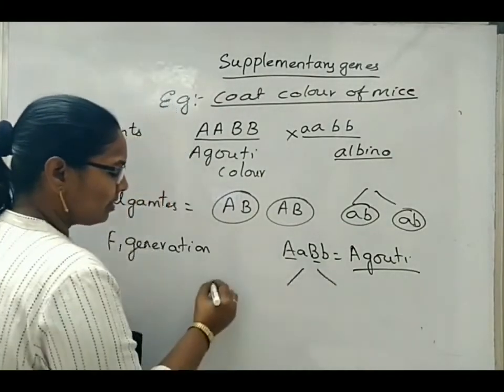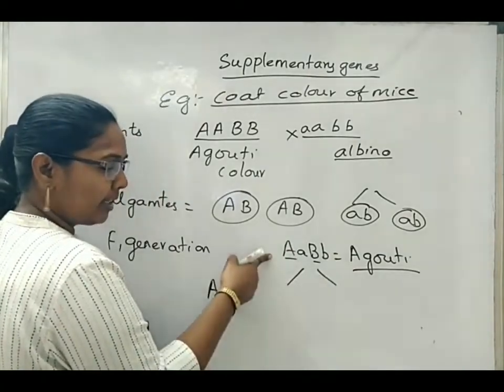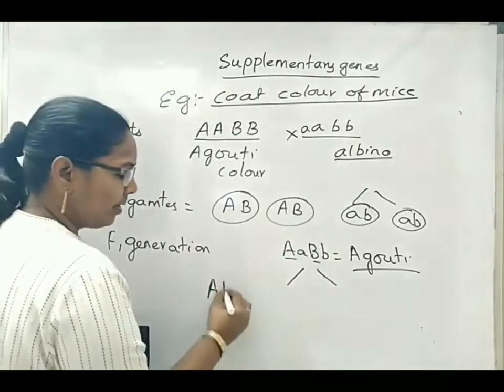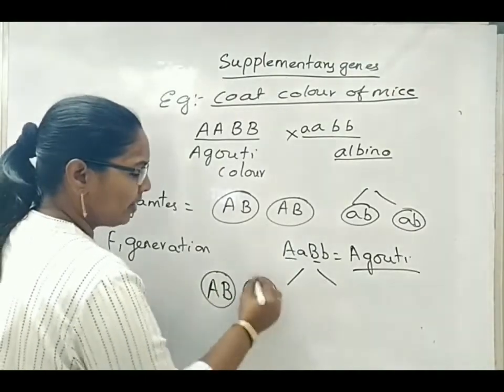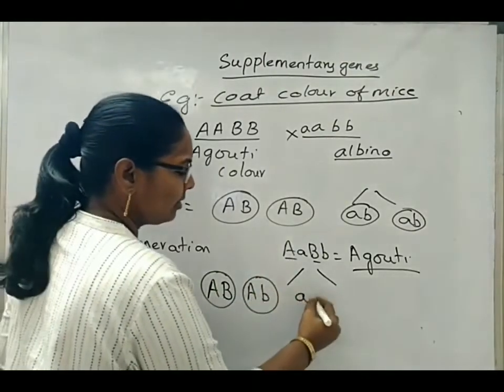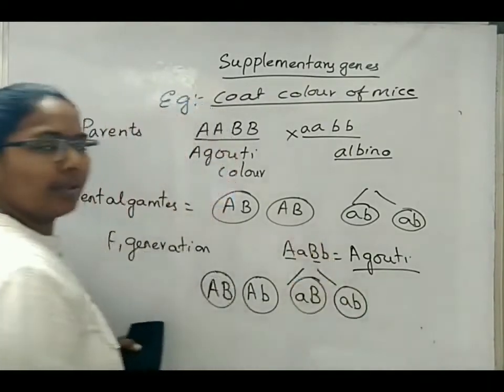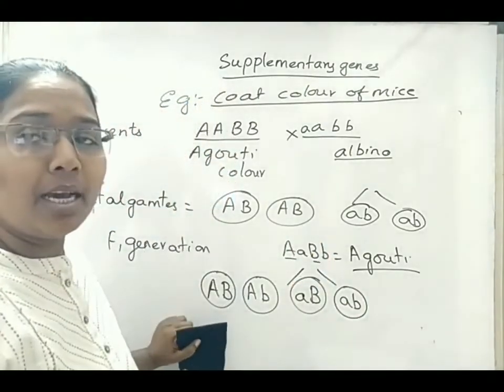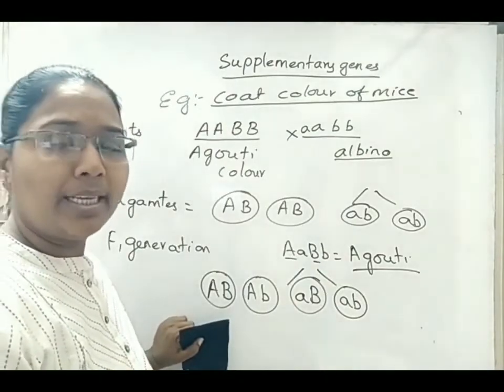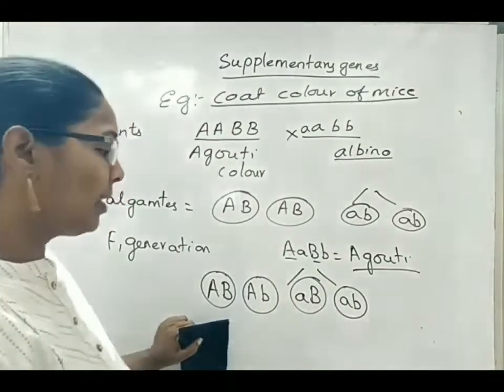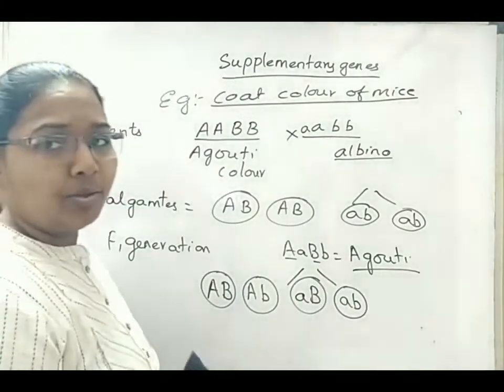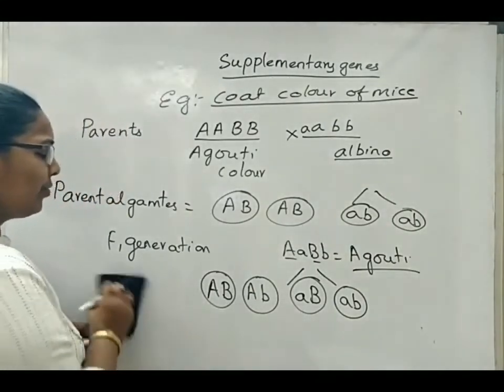So what will be the gametes? Since this is a dihybrid type of cross, combinations of the alleles in the gametes will be capital A, small b, this one small a, capital B, another one will be like this. Now, the types of gametes are 4, but the total number of gametes in dihybrid cross to obtain the F2 generation will be 8 in number and the types will be 4 in number.